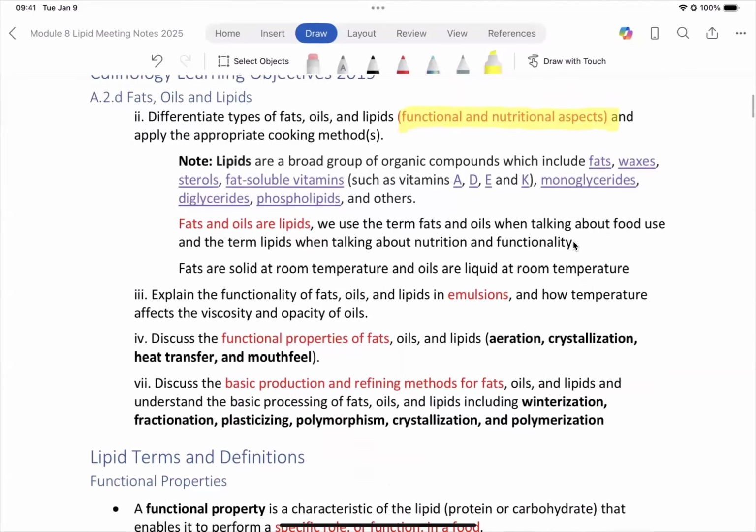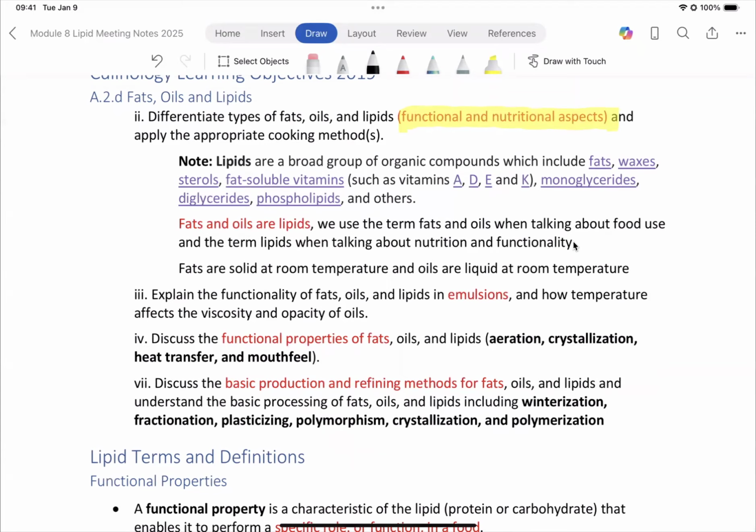I wrote a note at the bottom because I didn't like the way the learning objective was written. It says fats, oils, and lipids, but fats and oils are lipids. It's not like there are 3 different categories.